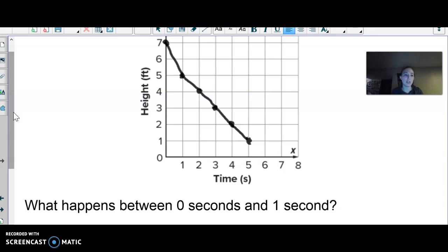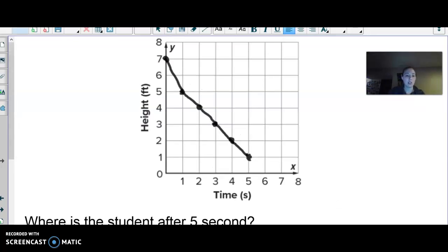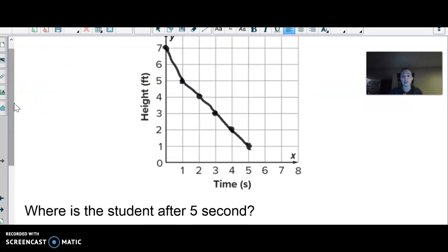Those are some of the things you could have said if you were just writing your answer. And then where is the student after 5 seconds? Go ahead and choose. All right, hopefully you said 1 foot off the ground because we can see 5 seconds, 1 foot off the ground. All right, if you have questions, make sure you ask. Good luck.